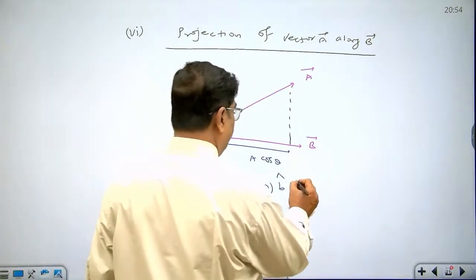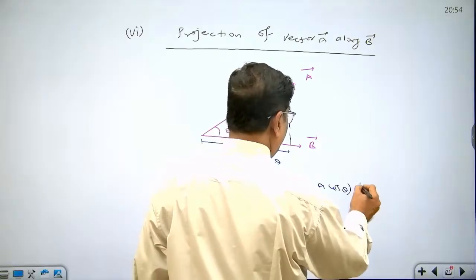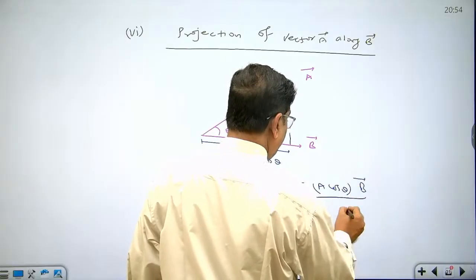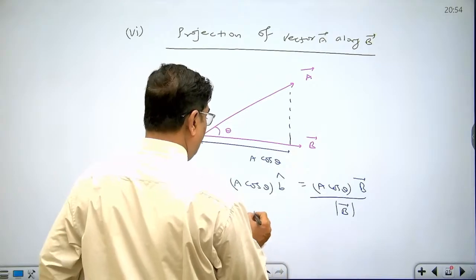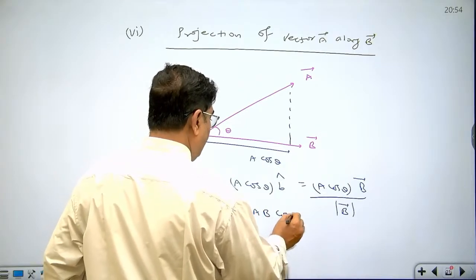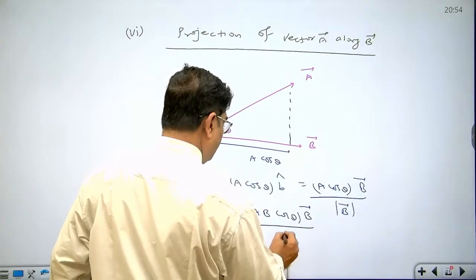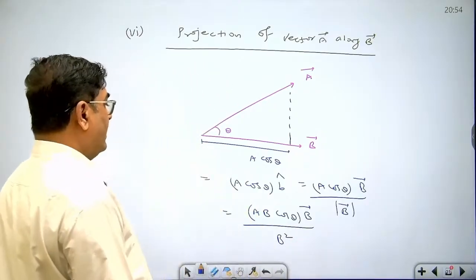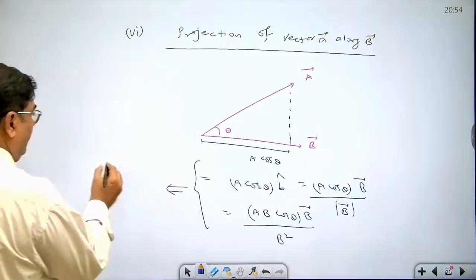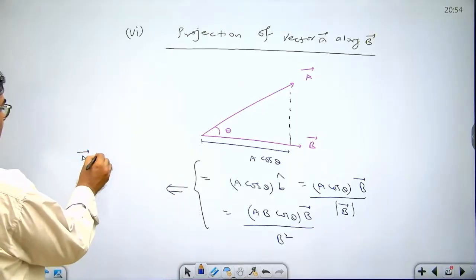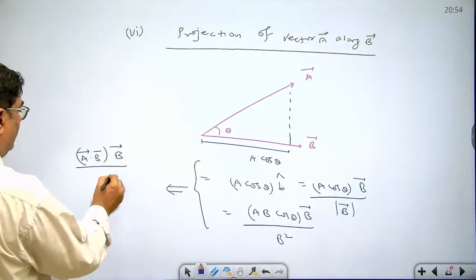And what can we write here? We can write A cos theta into B vector divided by magnitude of B vector. Or we can multiply this: AB cos theta into B vector divided by B square. And this can be written as A dot B, B vector divided by B square.